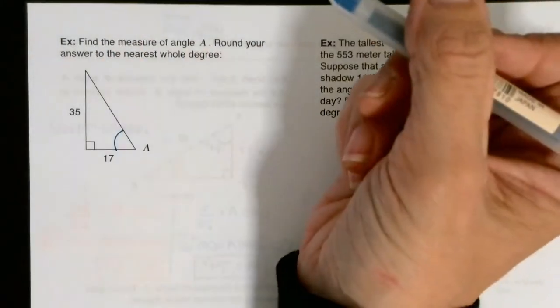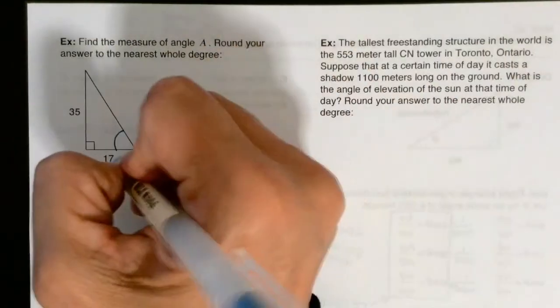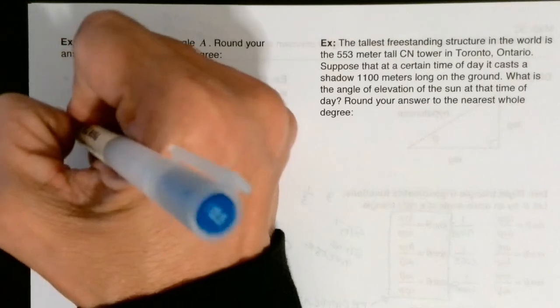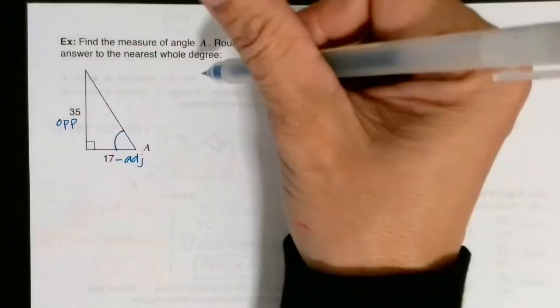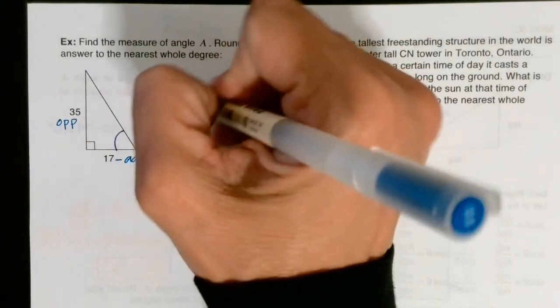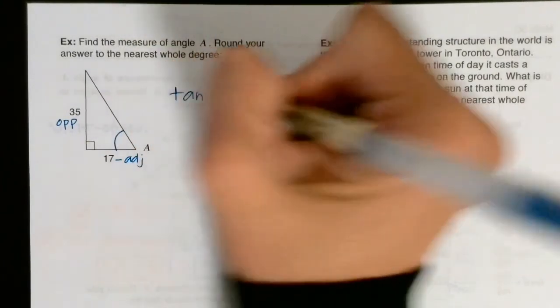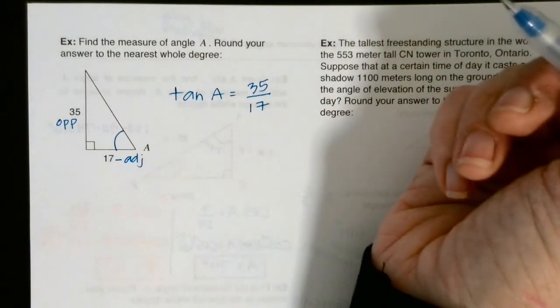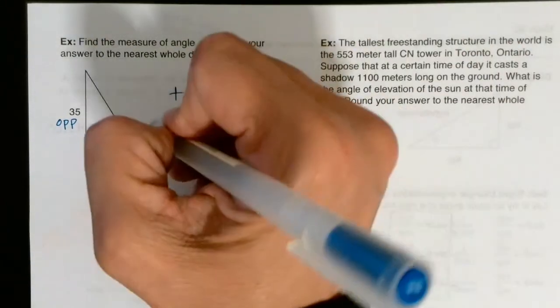Great. We're just getting all kinds of practice. This is adjacent. This is opposite. I don't know the third side, but for what I'm doing, I don't need to know the third side. So this is going to be the tangent of A equals opposite over adjacent. Just make sure that you fill that in properly.